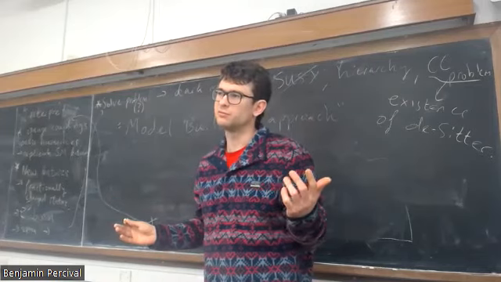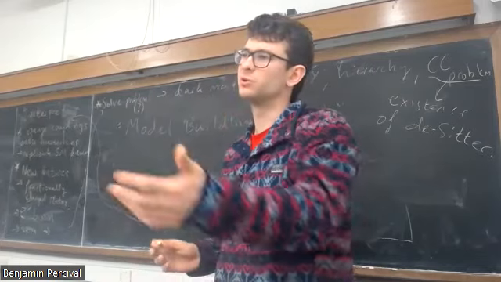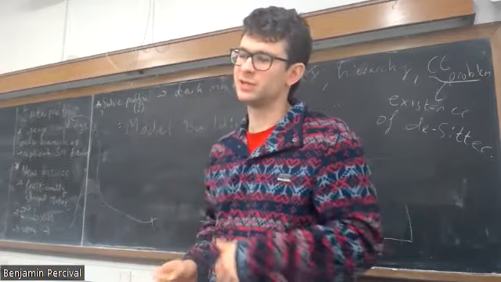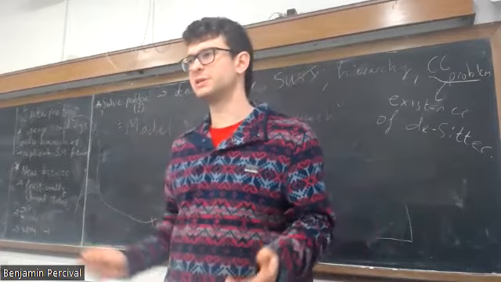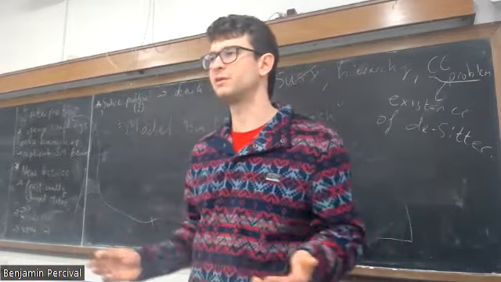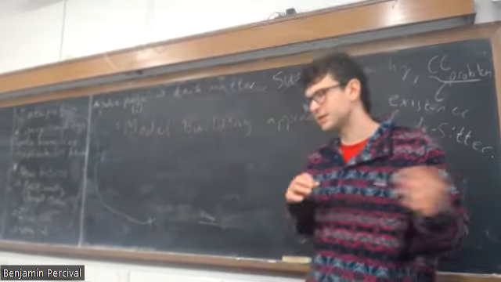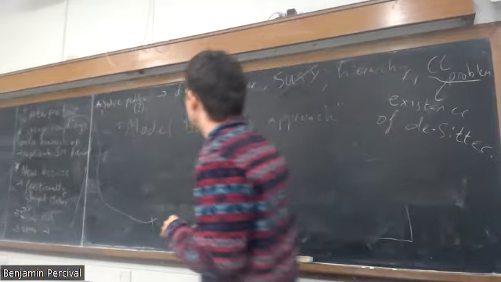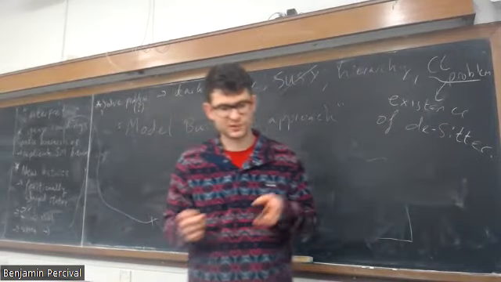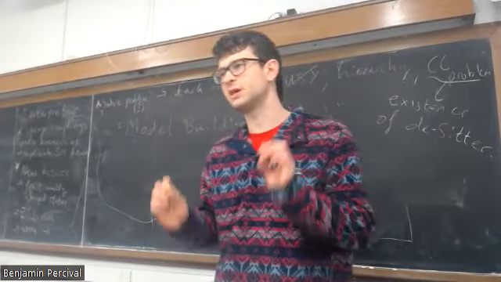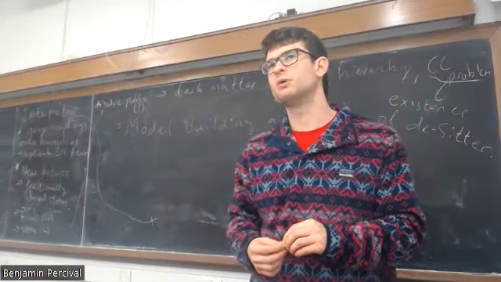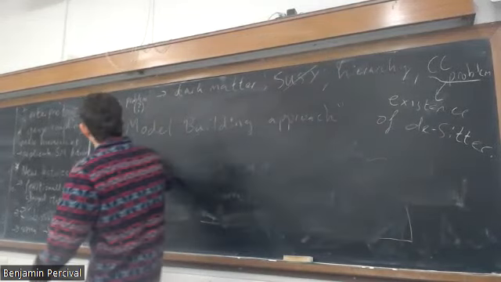You can do what people do in more standard effective field theory, and look at the properties and implications of that kind of model. And then related to that perspective is what a lot of researchers now in string theory are looking at, something like the swampland.